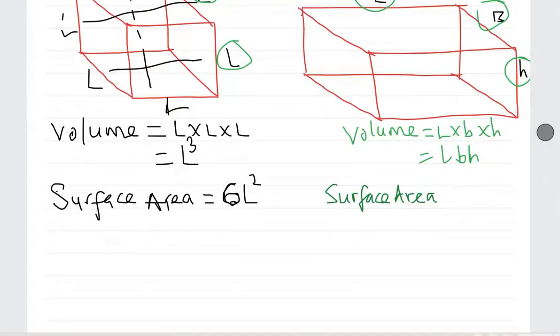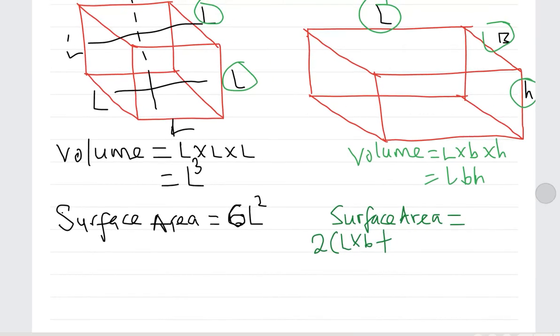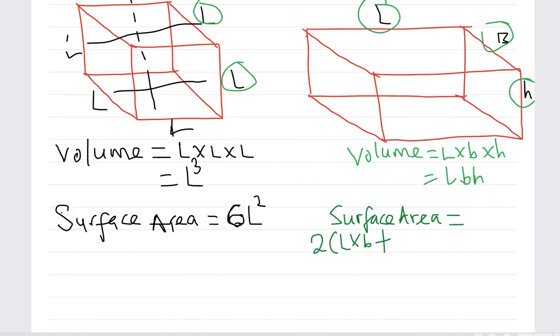The surface area of a cuboid is given by, now look at this, 2 multiplied by the length times the breadth, plus, let me bring this image down, length times height, then plus breadth times height.